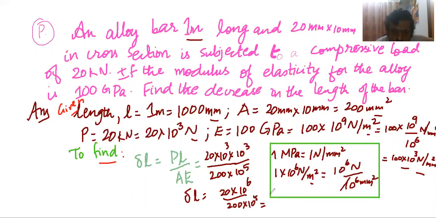If I shift here, this reduces: 200 into 10 power 5 upon 200 into 10 power 5, which everything gets cancelled. So we have delta L equals 1 mm. That is the required decrease in the length of the bar.